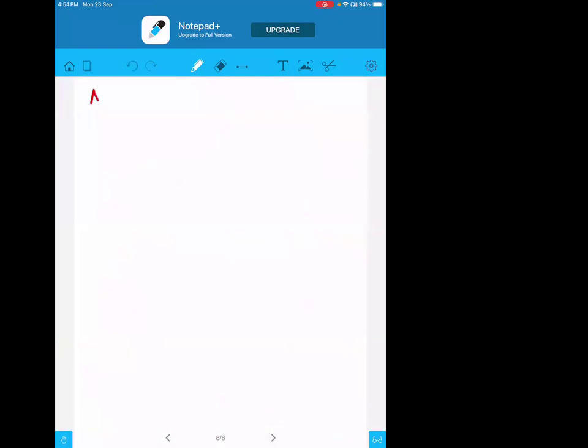And note down the shortcuts also. TRD. T stands for the taproot.